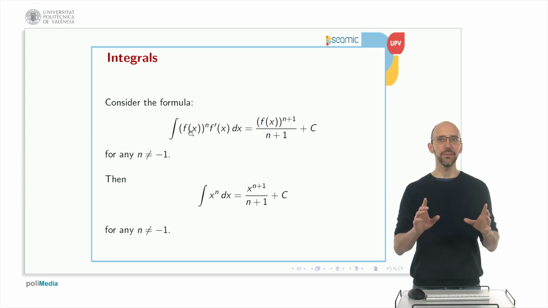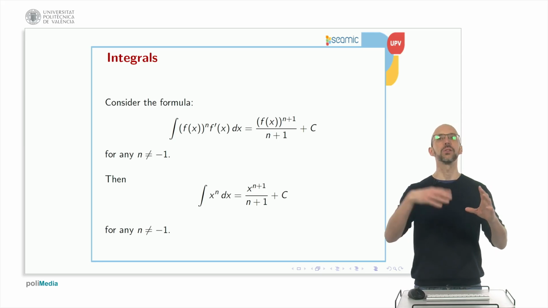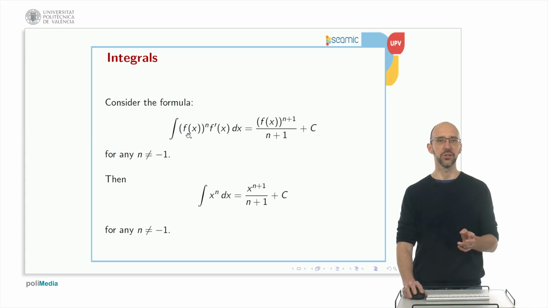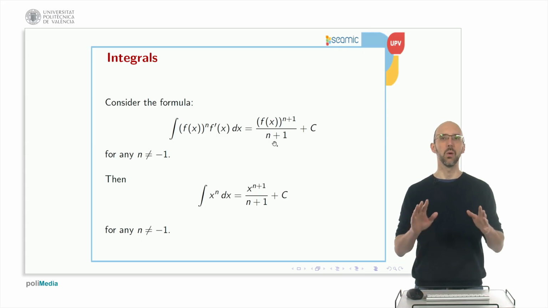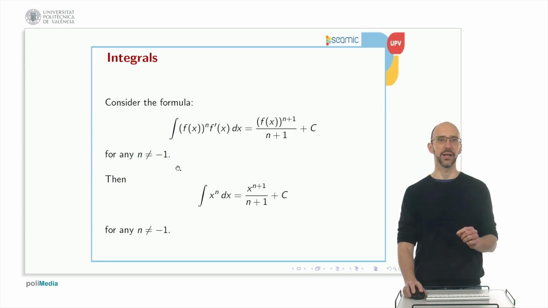Remember, the derivative only of the function between parentheses, not the function powered to a number. That is confusing sometimes. If you have the derivative of the function inside the parentheses outside, then the formula tells you that this is the function power n plus 1 divided by n plus 1. This formula works for any value of n different from -1.